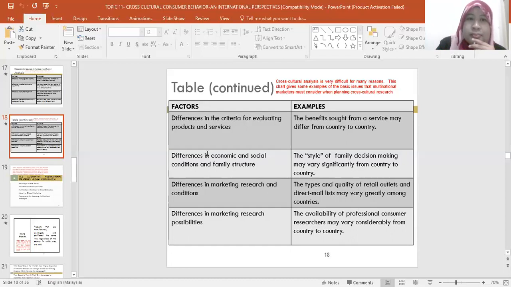They have differences between our country and other countries in terms of benefits. In certain countries, when you want to fuel petrol, you still have a person to assist you to fuel the petrol, compared to Malaysia, where we have to do our own.